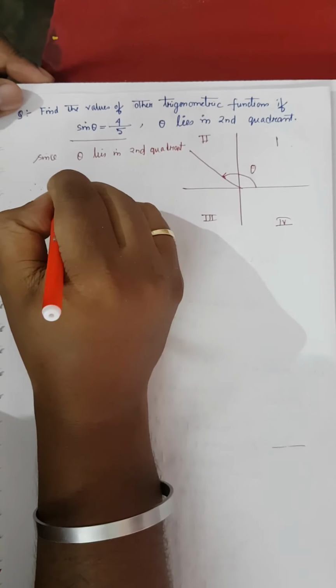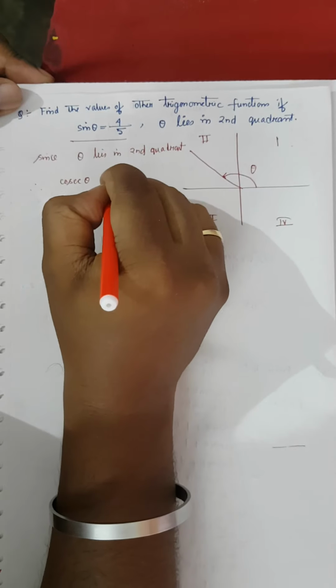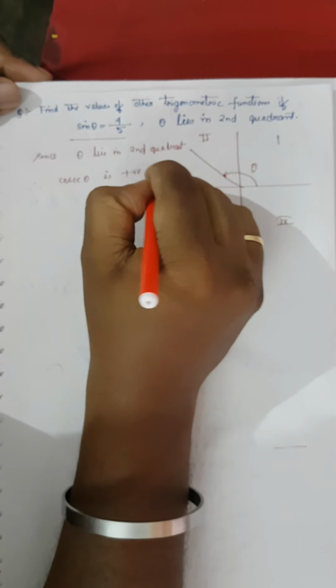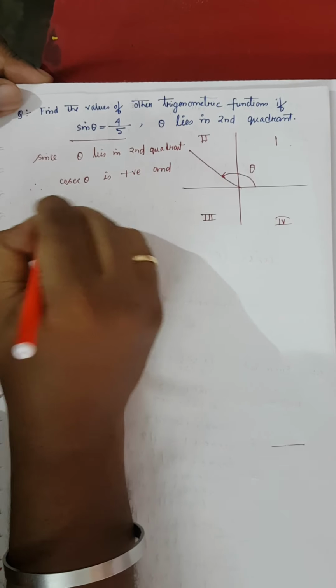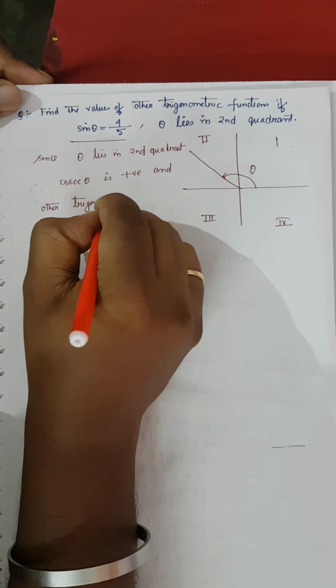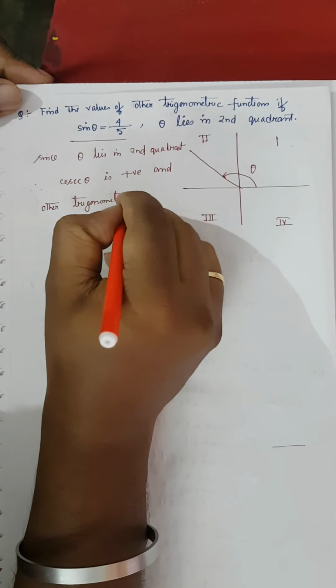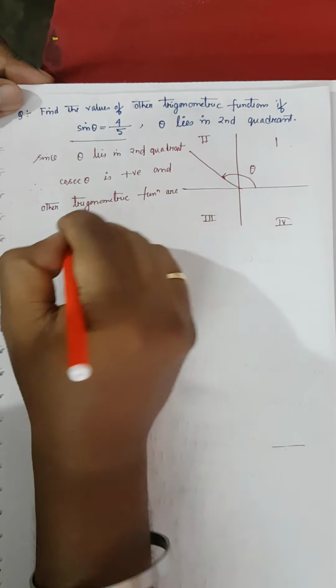So cosec theta is positive, and other trigonometric functions are negative. So cos is negative, sec negative.